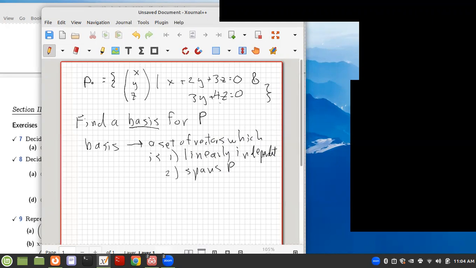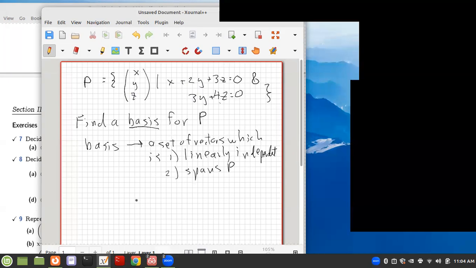So because we're trying to write P as a span. Now, the technique that we're doing is we're going to solve the linear system for the leading variables in terms of the free variables, and then eliminate the leading variables from here. That'll leave us with an unconstrained variable or a constant vector, which will be a vector space, presumably.